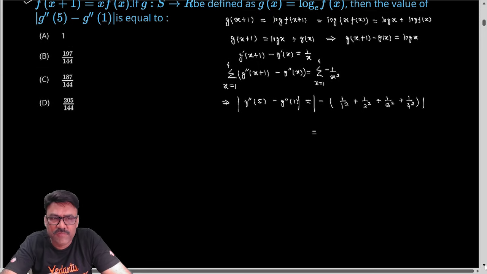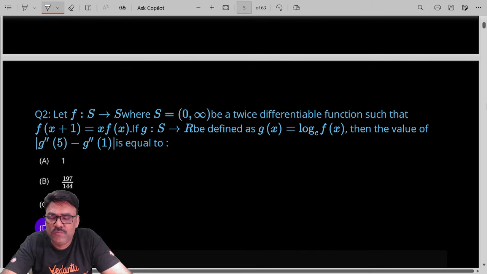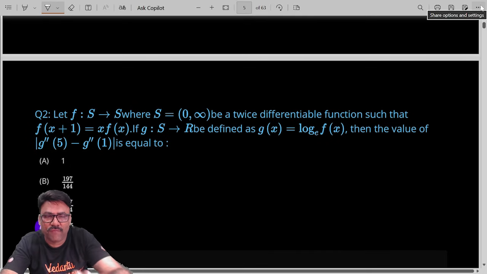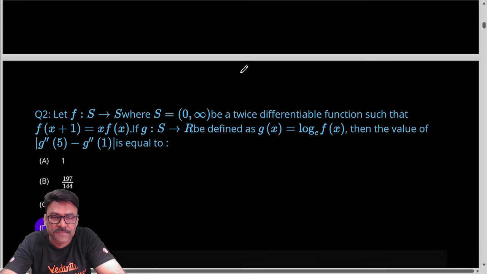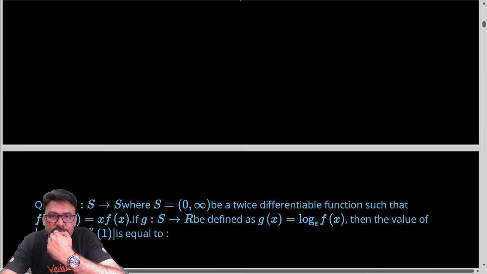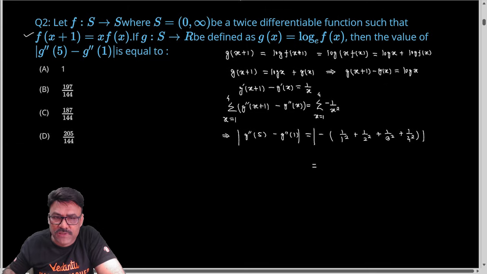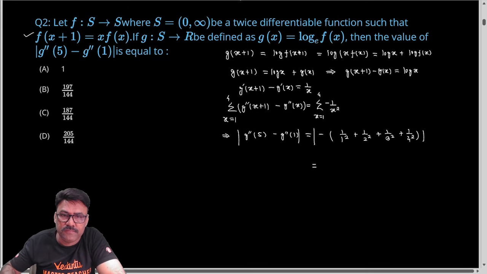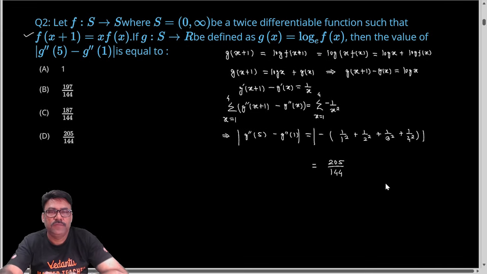So your final answer is basically 205 over 144, which is option D. So after calculation, it comes out to be 205 over 144. Right?